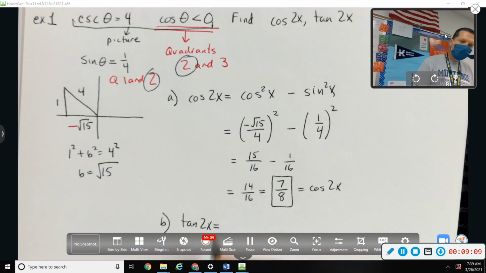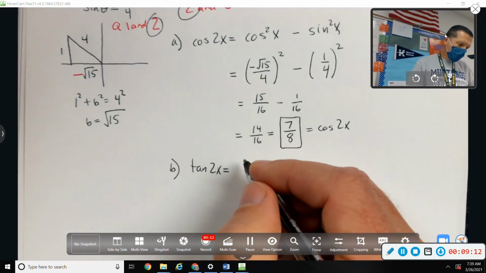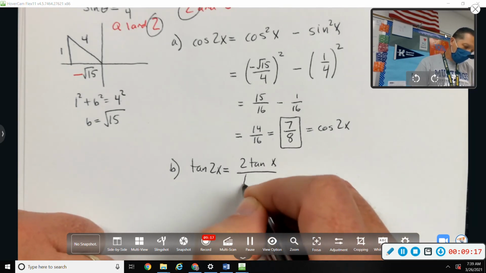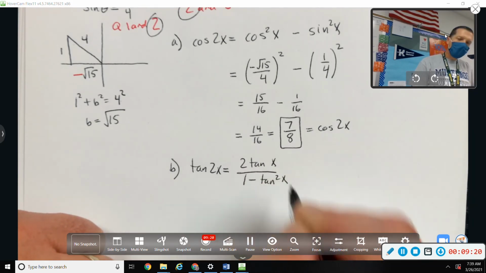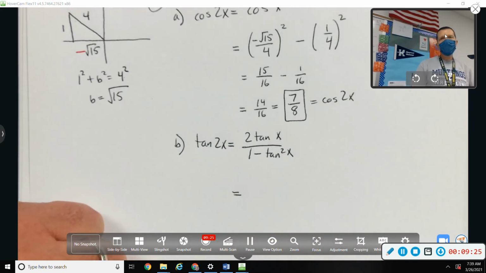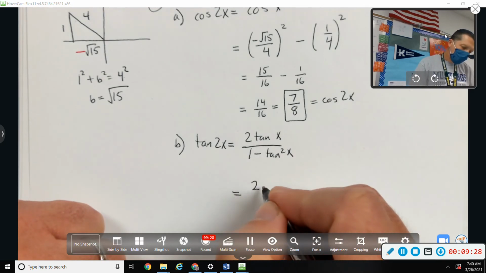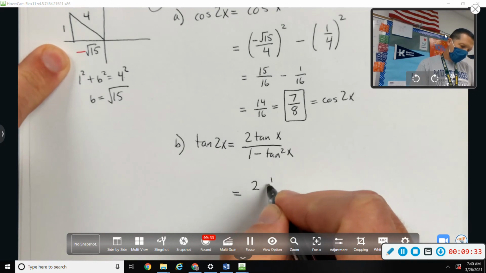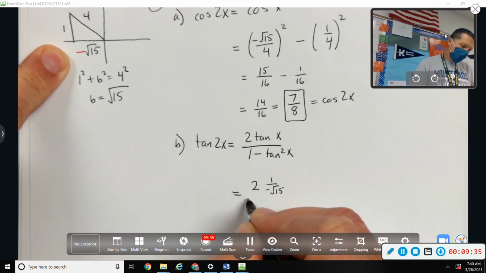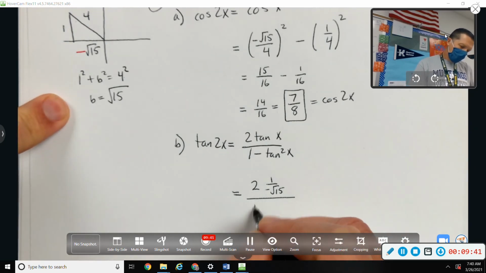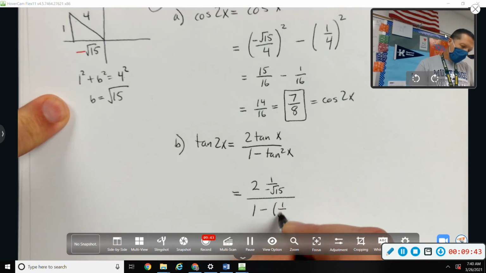Tangent of 2x. So I look back at my formula. That's 2 tangent of x over 1 minus tangent squared of x. 2 times tangent, which is opposite over adjacent, all over 1 minus opposite over adjacent squared.